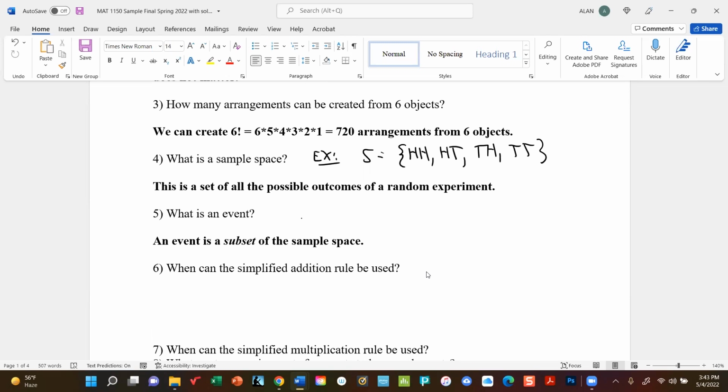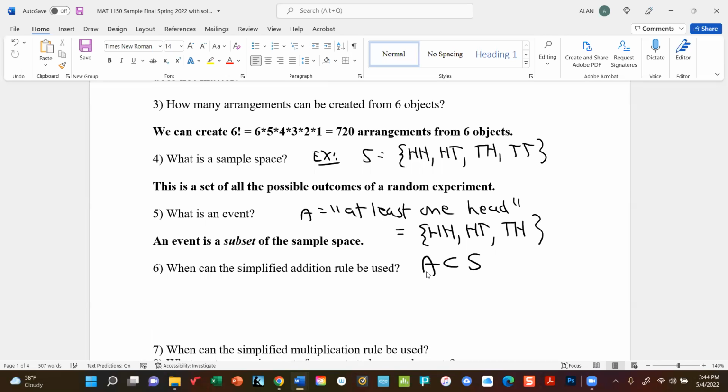The event could be something like this: at least 1 head. And that would be a set that contains HH, HT, and TH. And you can see that A is a subset of S because all the elements in A belong to S. And that's all there is to it.